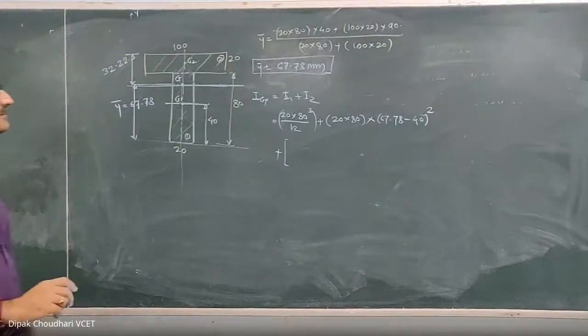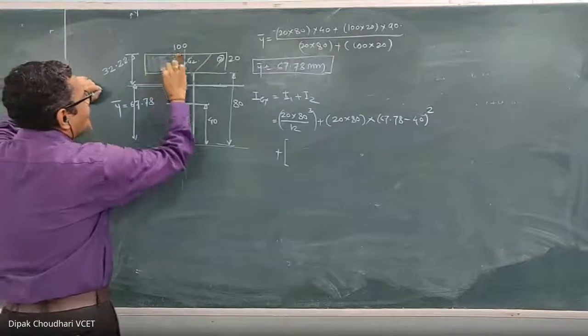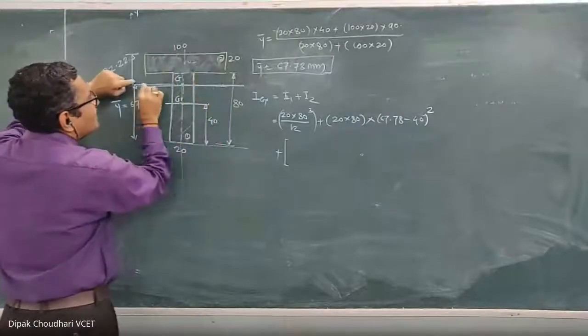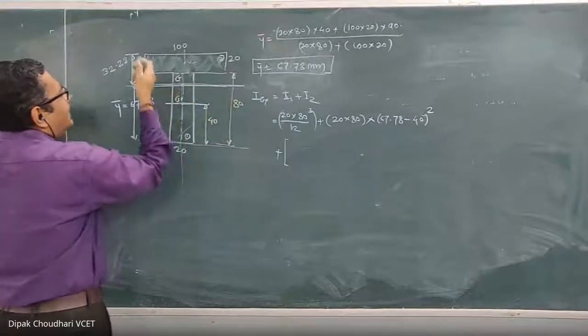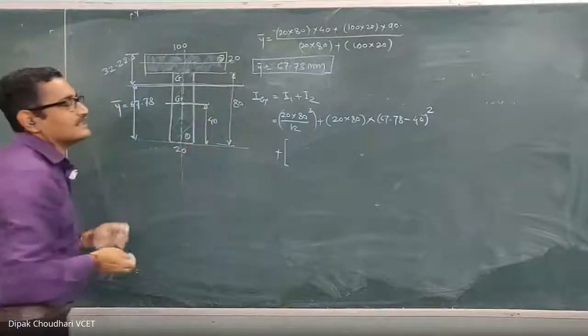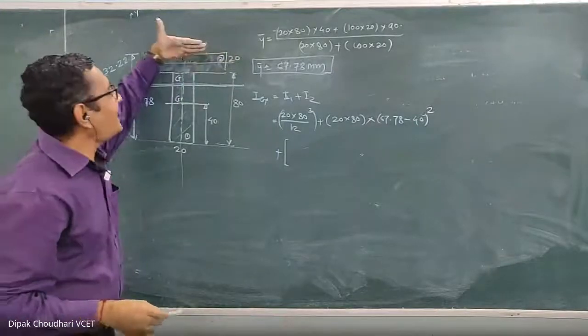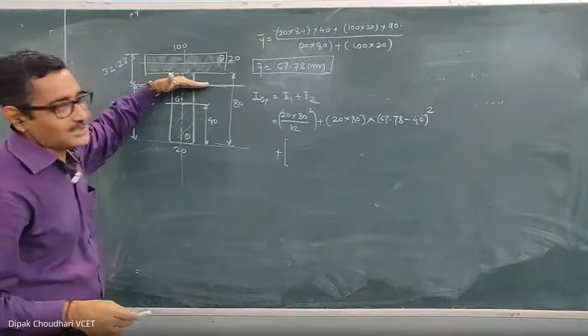Let's check once again. Yes. Now I have to calculate the moment of inertia of this second rectangle about this axis. Again I will use the parallel axis theorem. First I will calculate the moment of inertia of this rectangle about its own centroidal axis, and then by using the parallel axis theorem, I will transfer it over here.